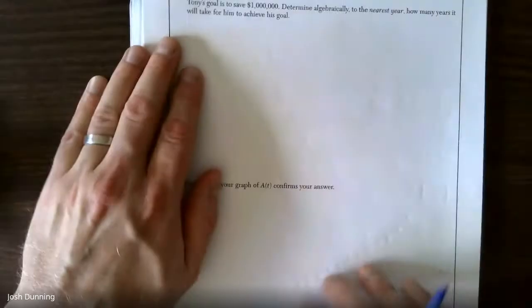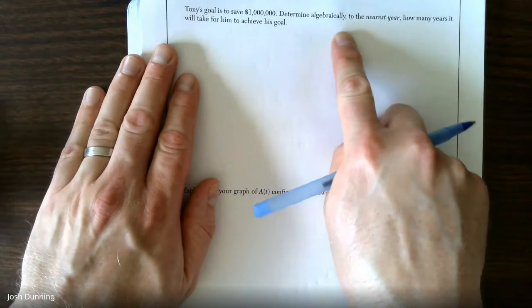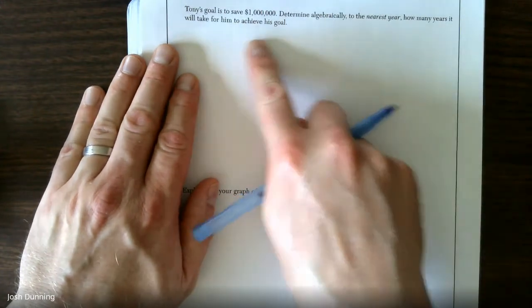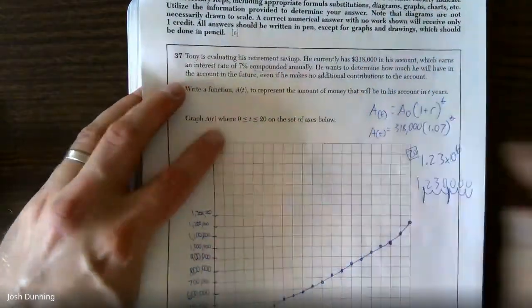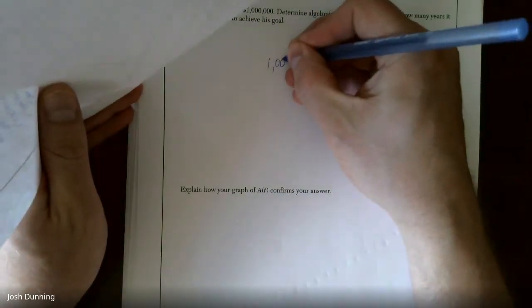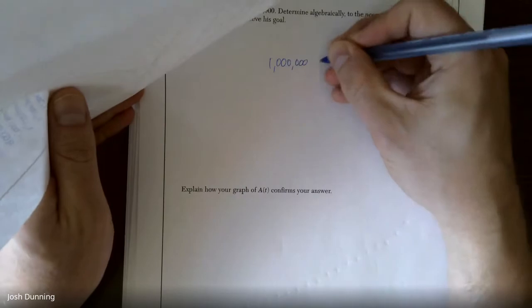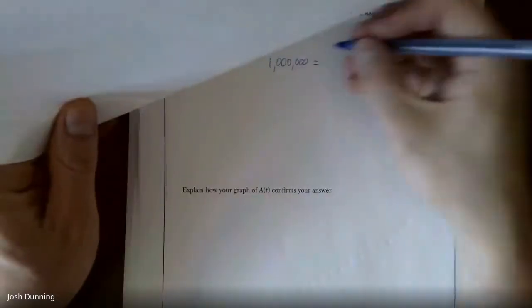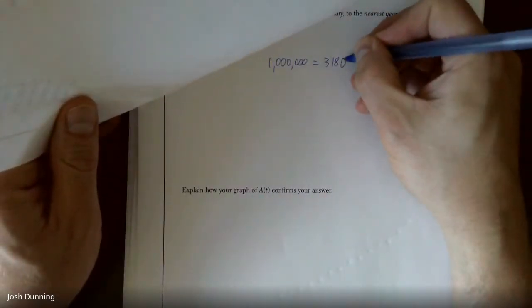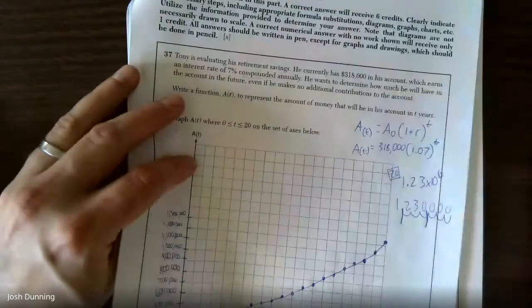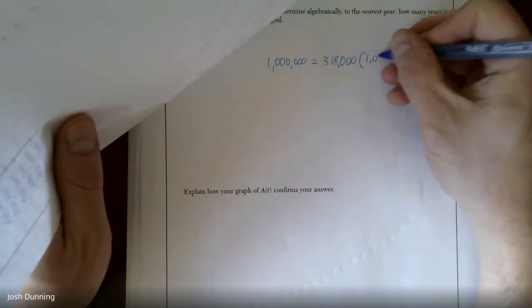Tony's goal is to save 1,000,000. Determine algebraically to the nearest year how many years it will take him to achieve his goal. So we're just going to put this as 1,000,000 equals 318,000 times 1.07 to the t power.